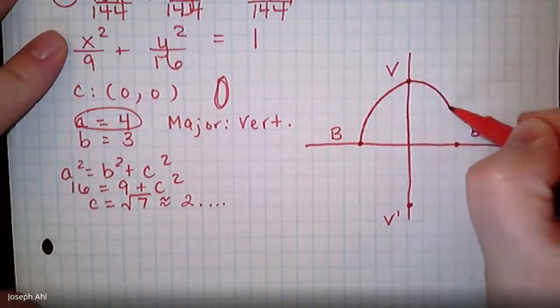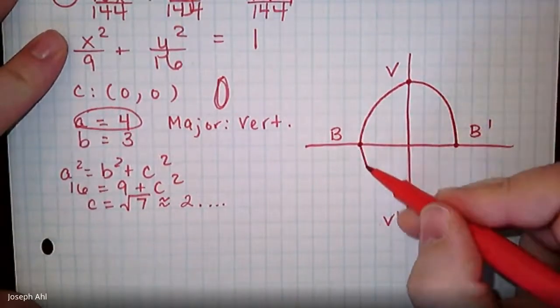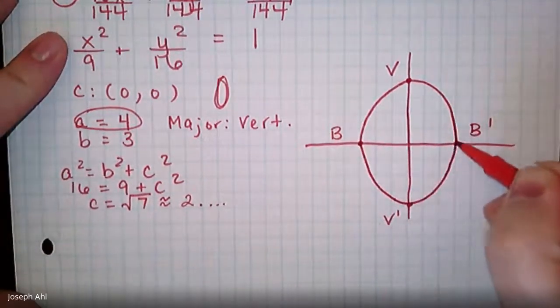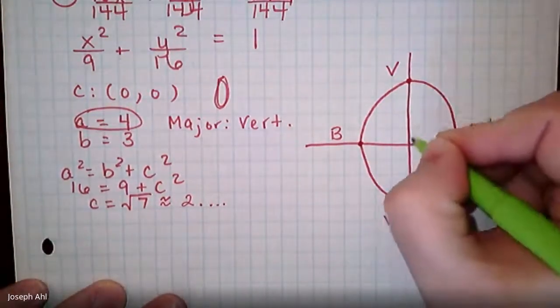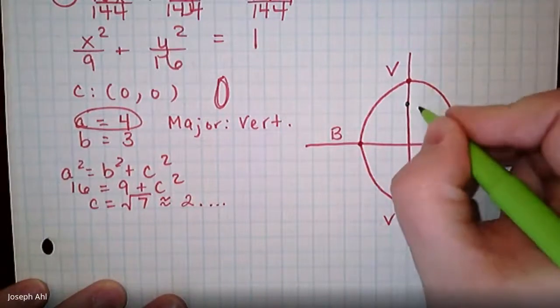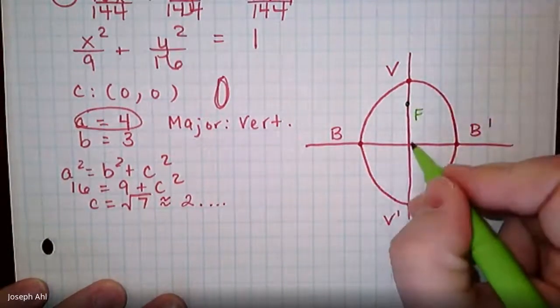Once you've got those in there, go ahead and connect them, make your ellipse. From there, I'm also going to use that value of just a little bit bigger than 2. I'm going to go up that distance. Here's F. Down that distance.